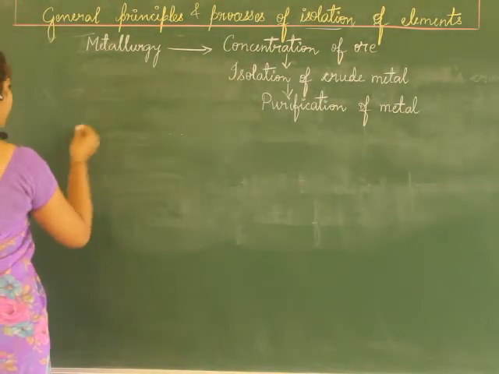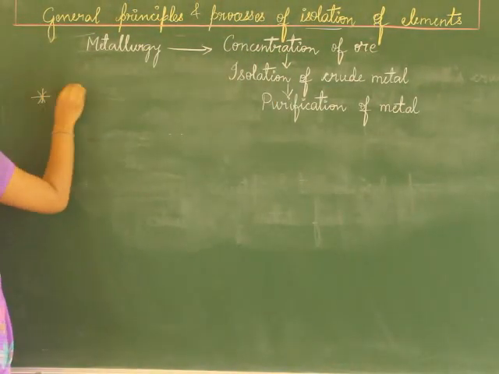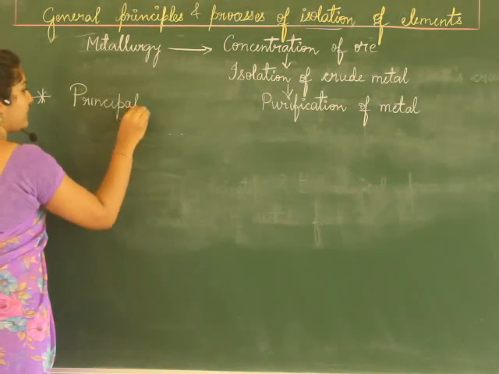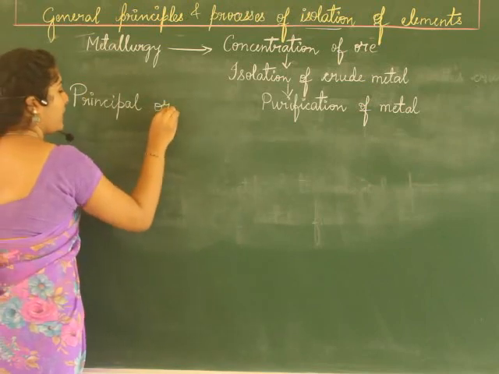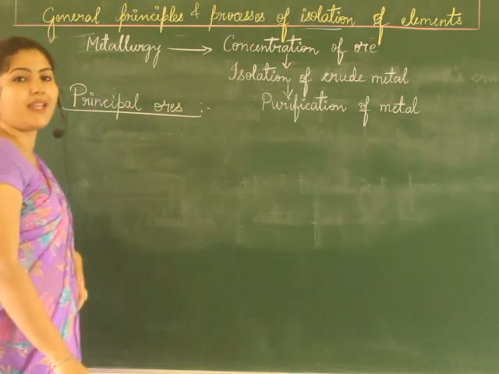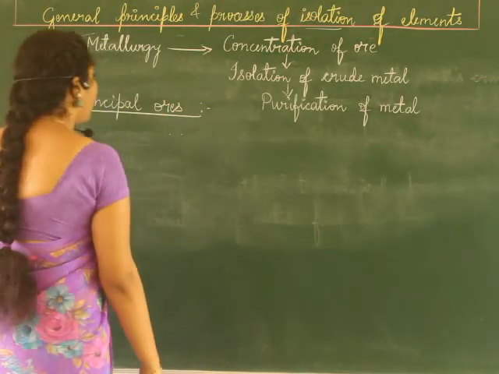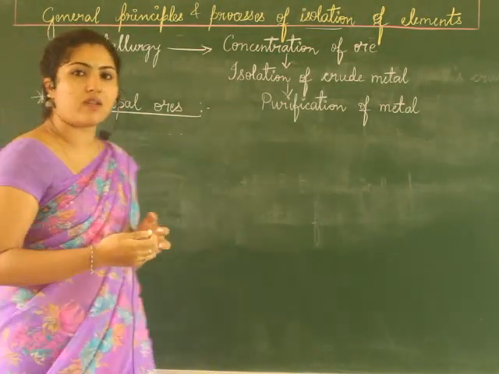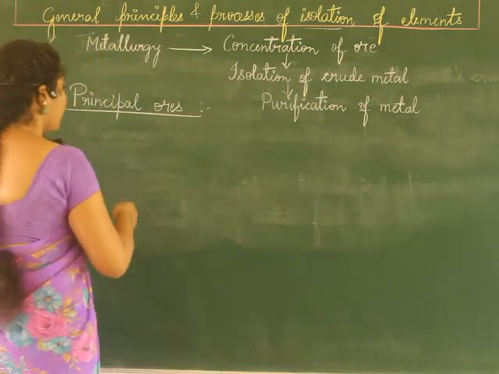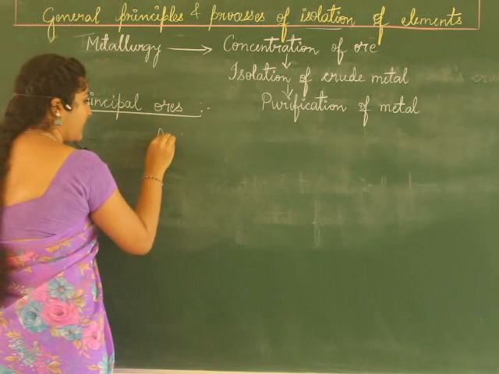Now let us see some principal ores, important ores of few metals. Very important, where you need to know about the chief ores, the main ores, as well as its chemical formula also. Let us see for aluminium.